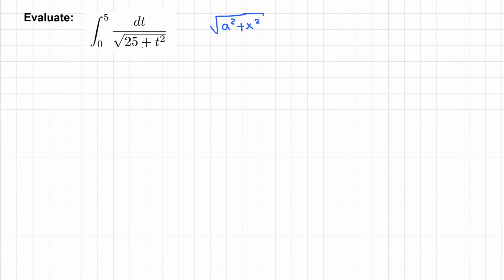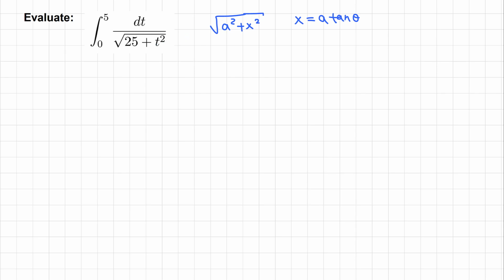The u sub does not work because the derivative of the inside is 2t. We don't have t on the top. We can produce a number 2, but there is no t. So trig sub. When we have this form, then that x must be a tangent theta. That way we can get rid of this square root.